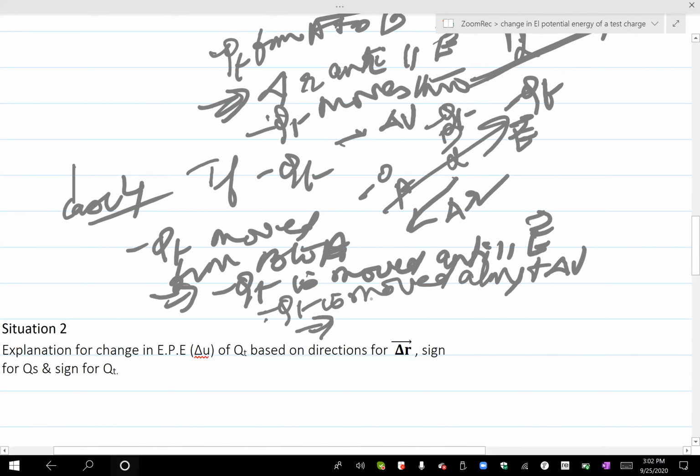It means minus QT loses electrical potential energy, with delta U being a negative value. This is what you should understand.